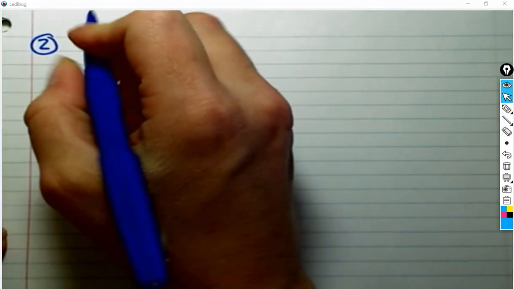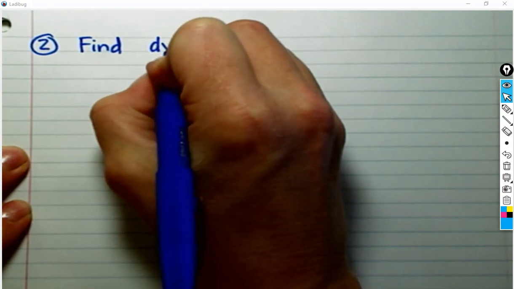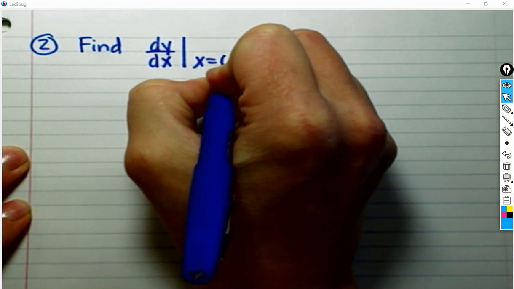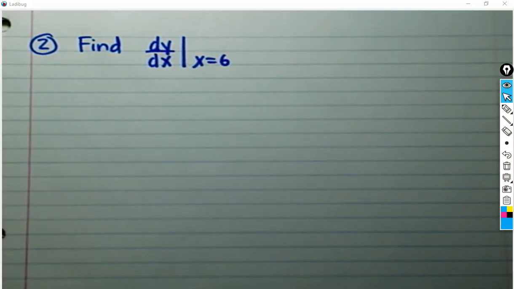Question 2. Find dy dx when x equals 6. Okay, so that's different notation.